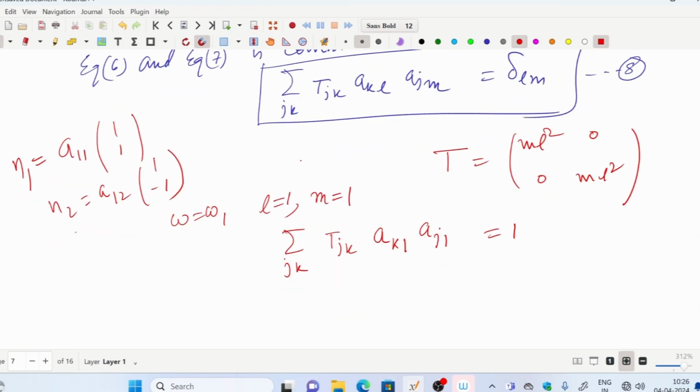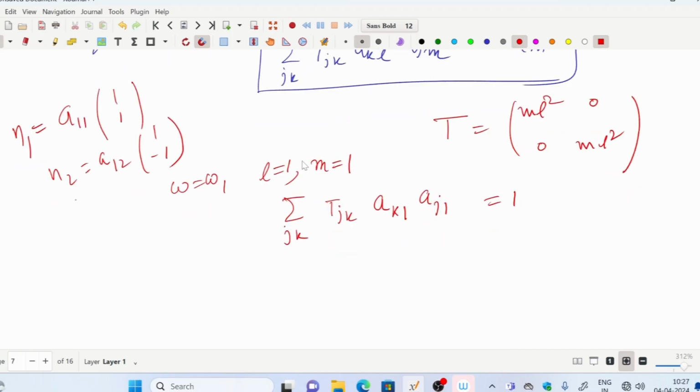Remember, my T matrix is only a diagonal matrix, okay. So I can expand this summation over j k, where j k are all values 1 and 2. So it will be t 1 1 a 1 1 square plus t 2 2 a 2 1 square. Remember, a 1 1 equal to a 2 1.